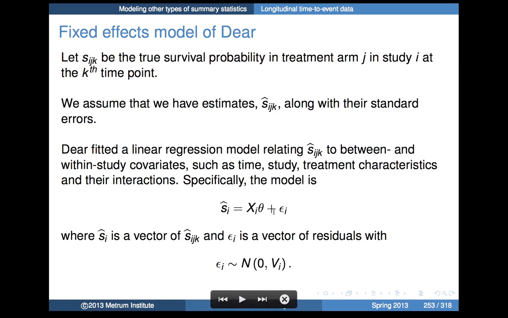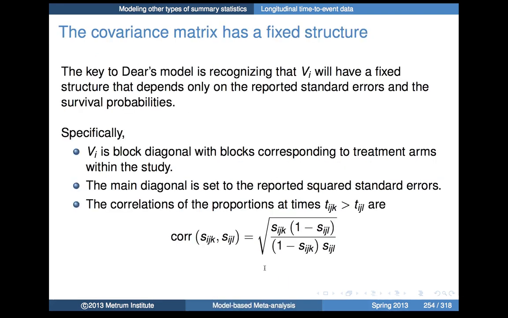And we'll say that this vector of epsilon i's follows a multivariate normal distribution that's centered at 0 with some variance covariance matrix V sub i. And the important piece about his paper was that he was able to recognize that V i has some particular structure, and that the structure depends on the standard errors and the survival probabilities.